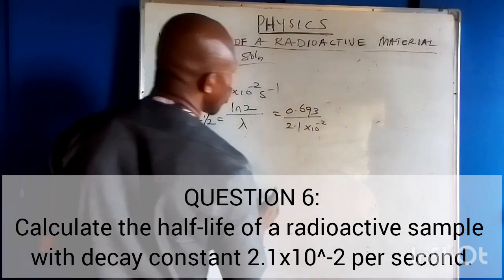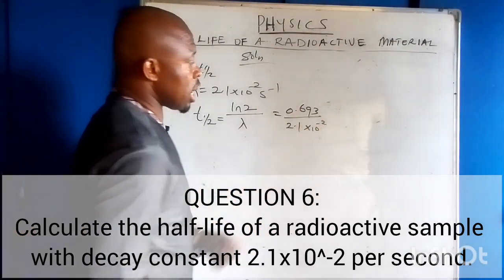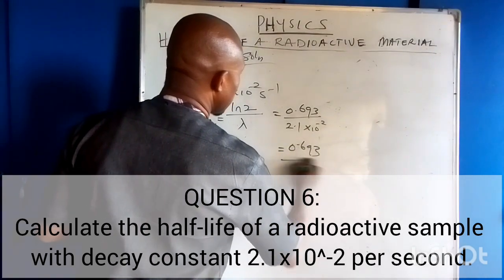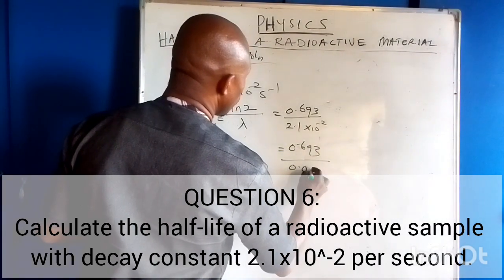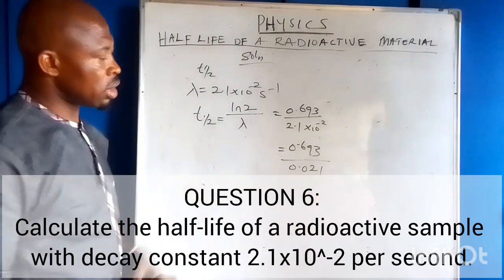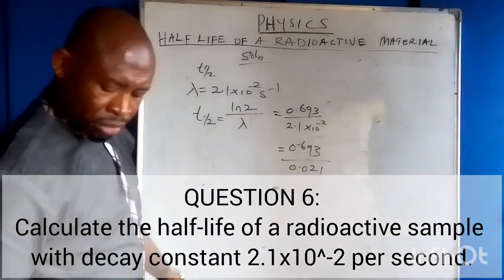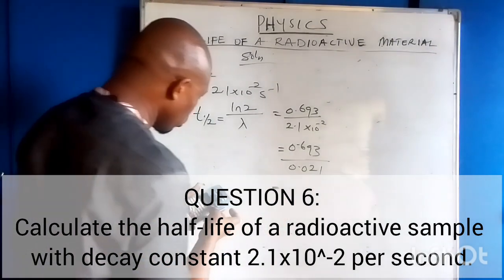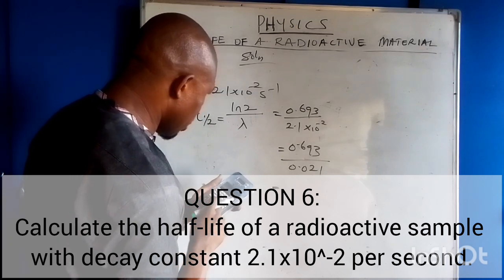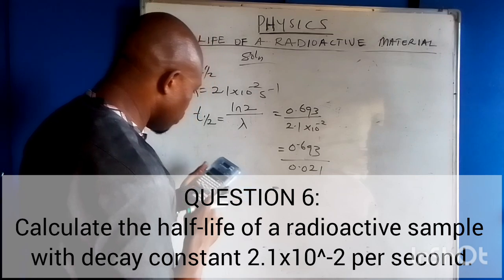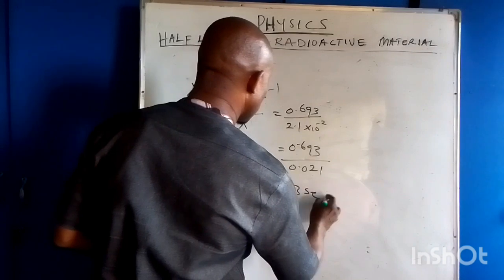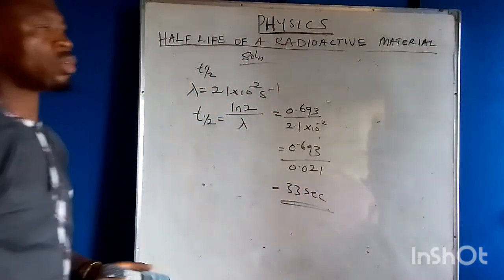Of course, you can put this in ordinary form, which will give us 0.693 divided by 0.021, which will now give us 33 seconds.